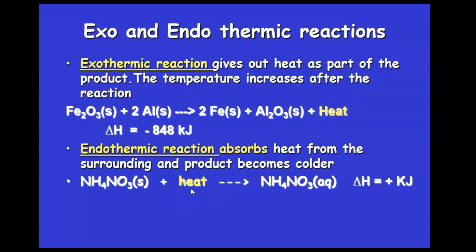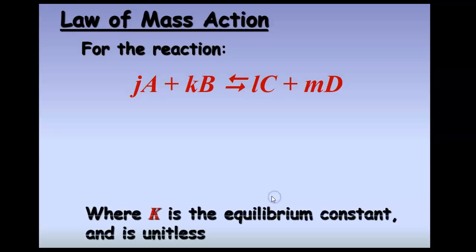Here, the heat sign is on the reactant side because heat is absorbed into the system. So the temperature of that container drops, becomes colder. All right? And this change of heat will be positive. It will go to a positive sign.